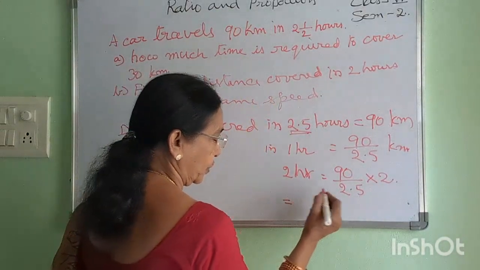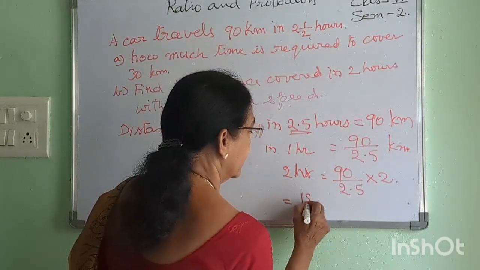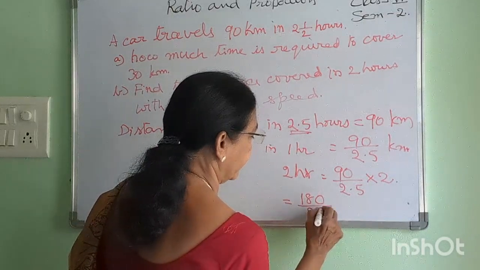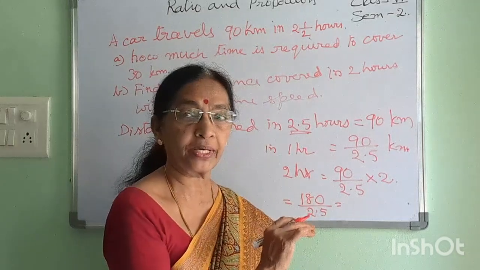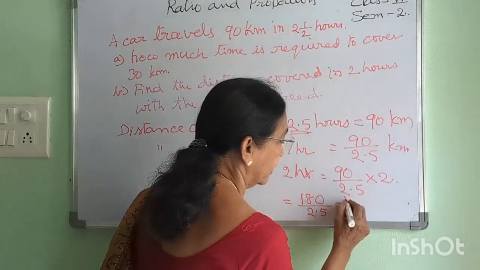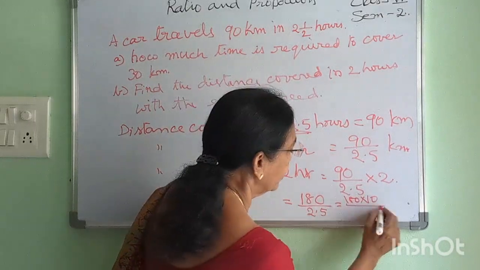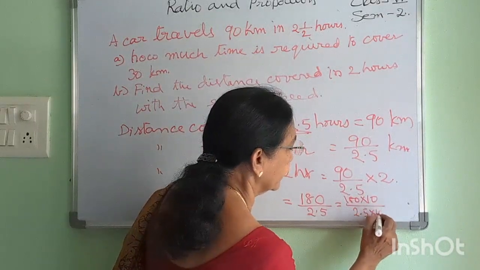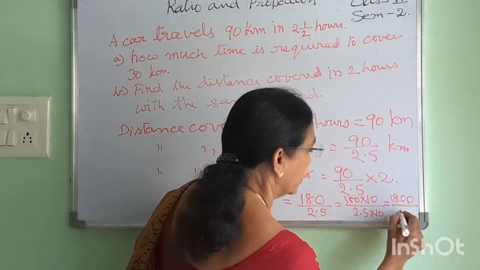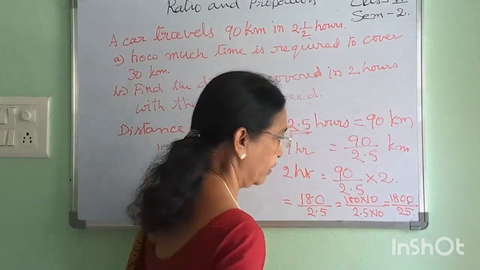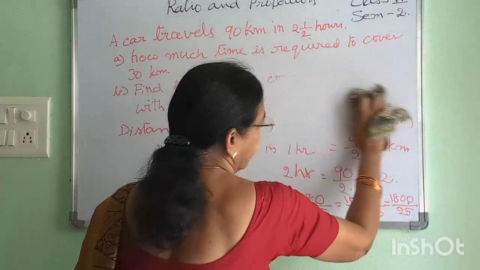That is equal to, just multiply it, 2 9s 18, 0, so 180 by 2.5. Or multiplying both numerator and denominator by 10, 180 into 10 by 2.5 into 10, that is equal to 1800 by 25. Still simplifying.